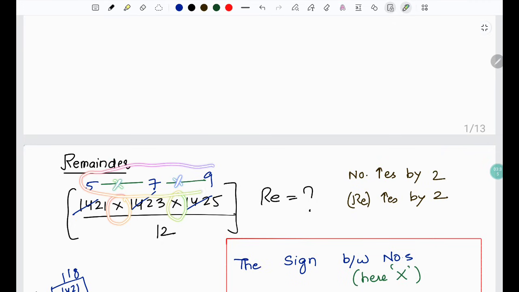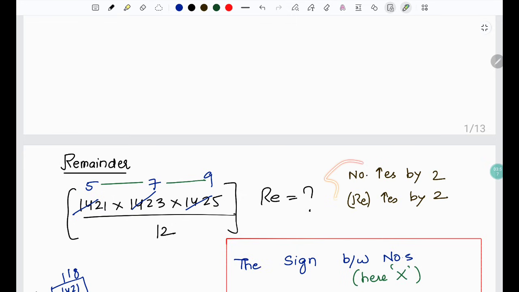And once we multiply these remainders, the resulting number in this case will be 63 times 5, that will come out to be 315. Then we have to divide it by the original divisor once again and check the remainder. Whatever the remainder will be, that will be the answer.